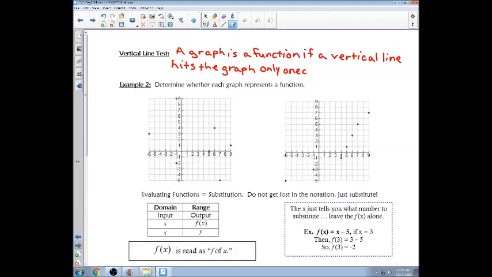Whoops, misspelled once. Only once. This is called the pencil test. We'll use the pencil test to figure this out.